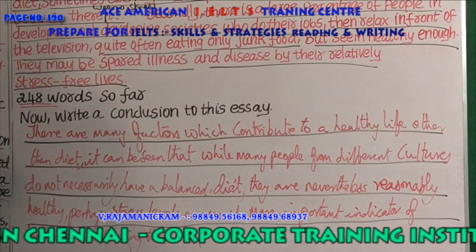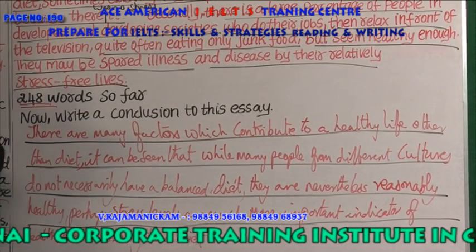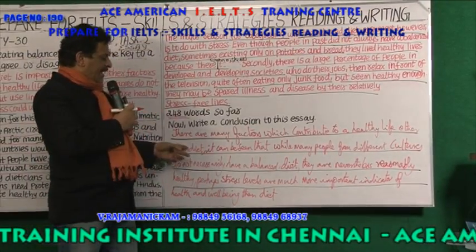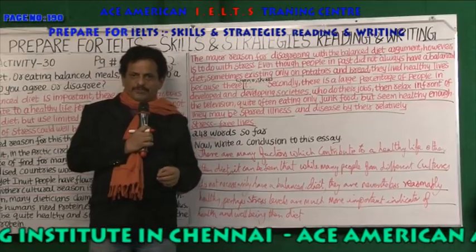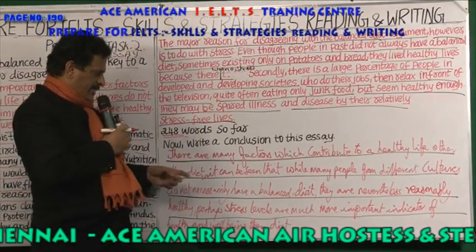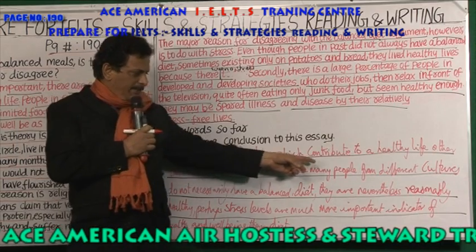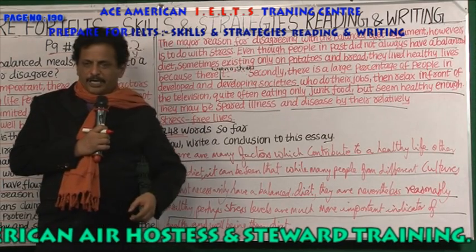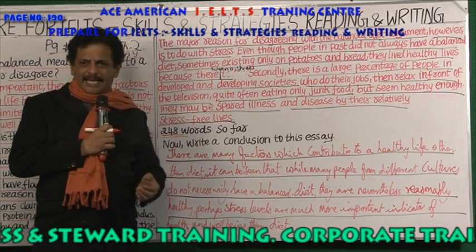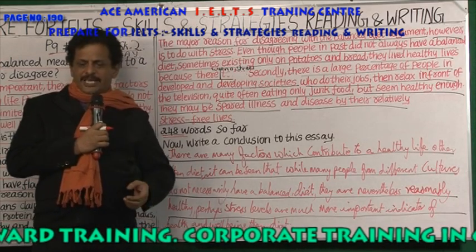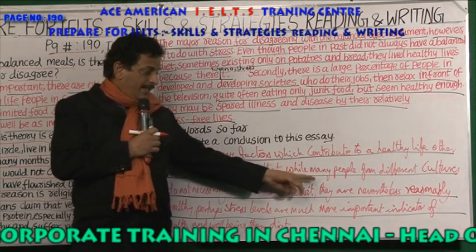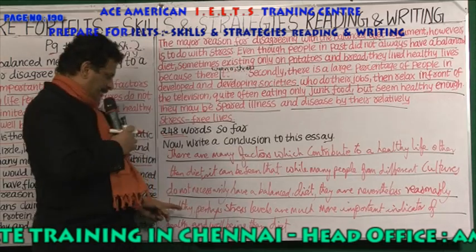So this is what conclusion part we have to go in for. There are many factors which contribute to a healthy life other than diet. That's what we have seen. Other than diet, many factors count. It can be seen that while many people from different cultures, you have seen that, Arctic people and Hindus and Muslims, so various people, don't necessarily have a balanced diet, they are nevertheless still reasonably healthy.